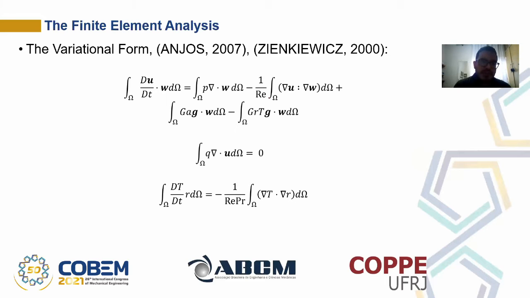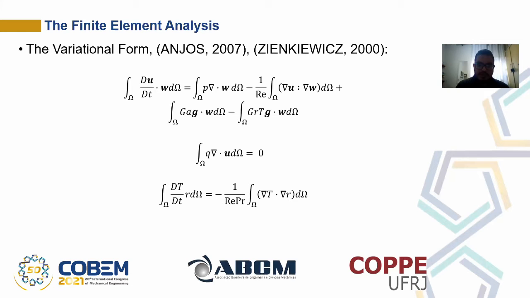We get to the finite element analysis through the variational form. The variational form is basically multiplying the equation by their respective weight and integrating in the domain omega. The weight for velocity is W. The weight corresponding to pressure is K, and the weight corresponding to temperature is R. So here is the variational form of the Navier-Stokes equations.